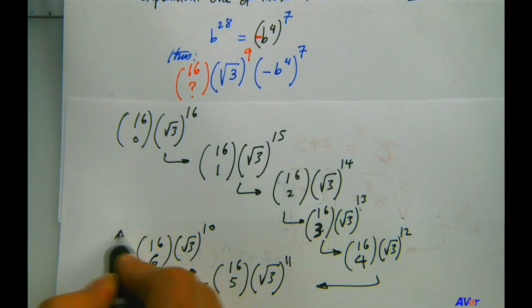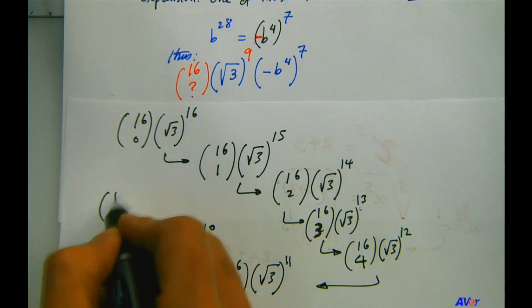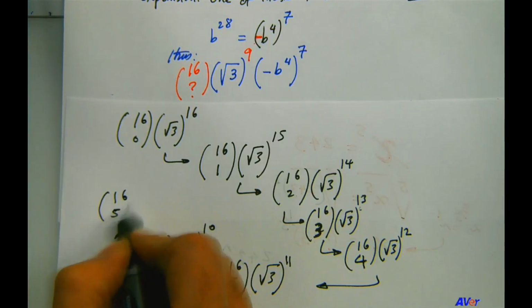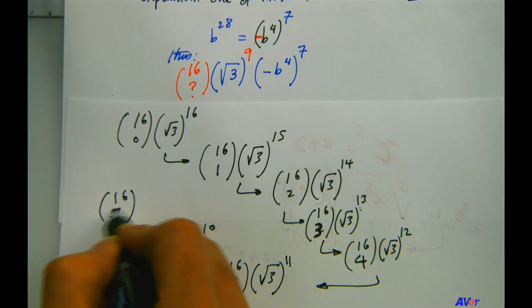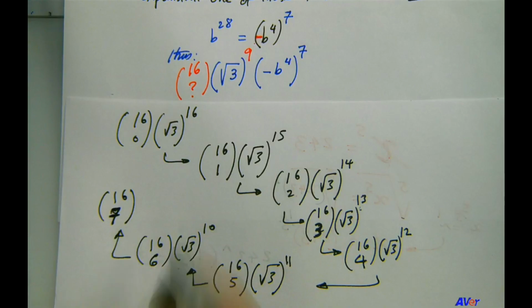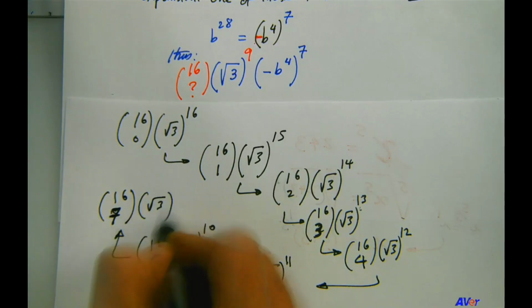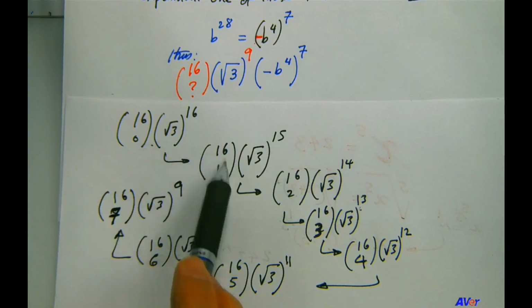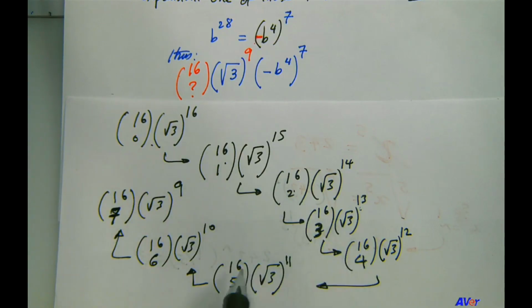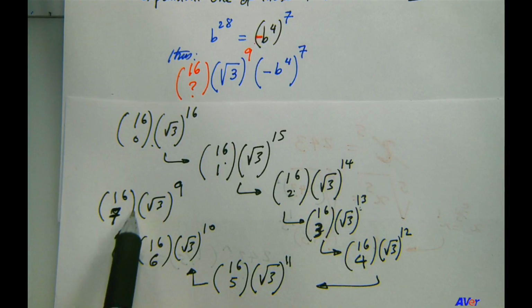Right? And 16 choose 7 times square root of 3 to the 9th power. So 1, 2, 3, 4, 5, 6, 7, 8th term.